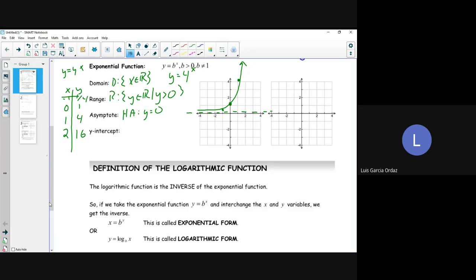What the restriction was talking about in the question was what our base for that exponential function was. And last but not least, what is our y-intercept? So our y-intercept is going to be 1.